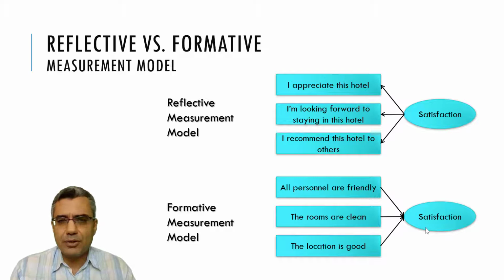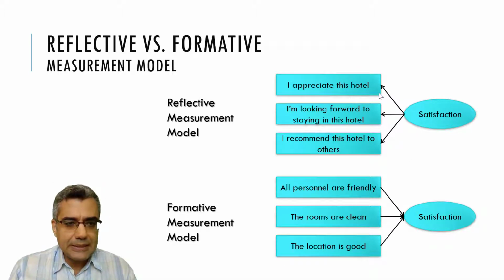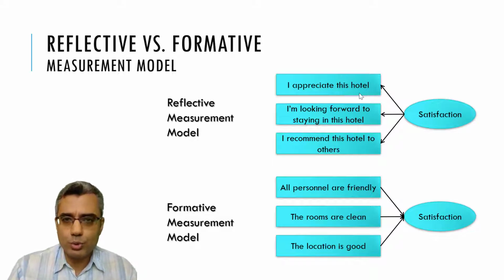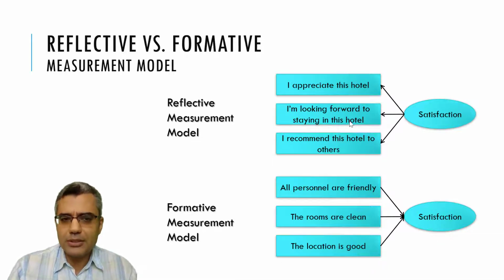Now, another difference, which is related to the first difference, is that when you are satisfied, as I said, you may give 4 or 5 to each of these items for a reflective measurement model, right? It means if you appreciate this hotel, you give a 4 or 5 score to the first question. Most probably you will look forward to staying in this hotel and most probably you will recommend this hotel to others.